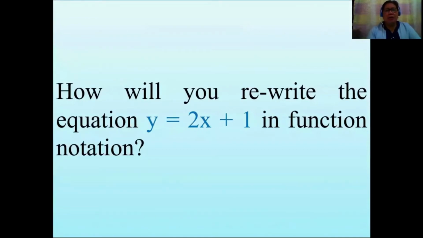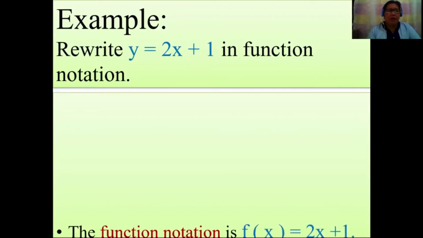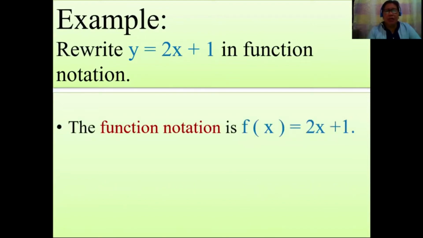Now, how will you rewrite the equation y is equal to 2x plus 1 in function notation? All you have to do is to change y into f of x.